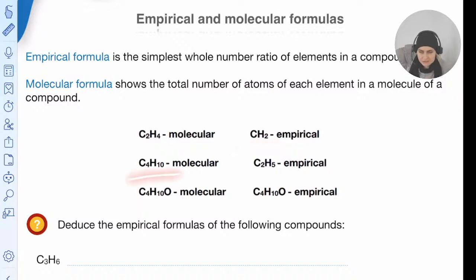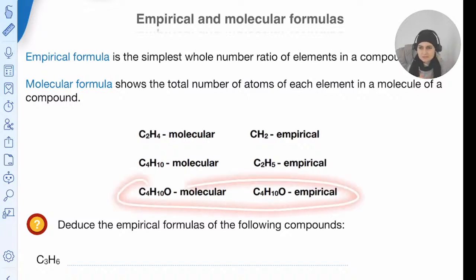For C4H10, again, you can divide both numbers by 2, so it would be C2H5 as the empirical formula. If C4H10O is the molecular formula, there's nothing you can do with this oxygen. It's 1, right? So it just stays as C4H10O for the empirical formula. So both molecular and empirical in this case would be the same.